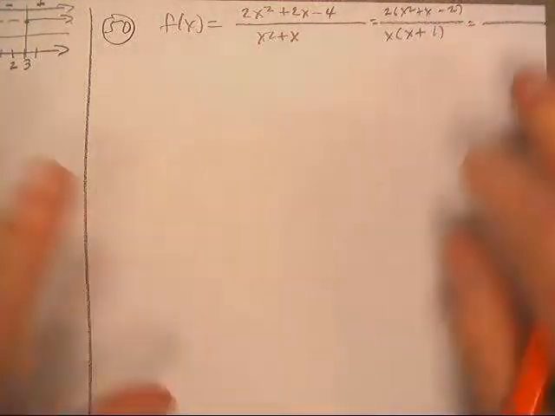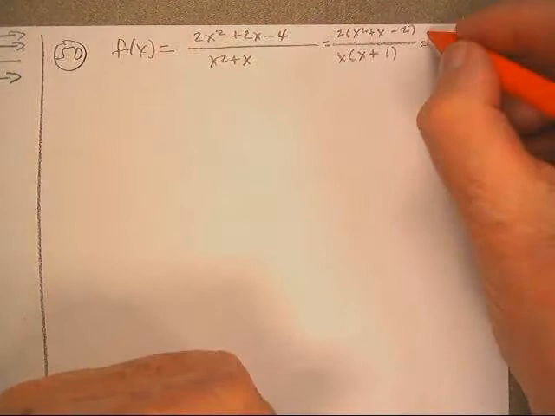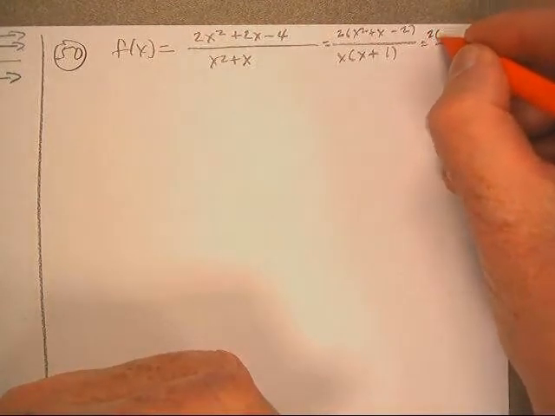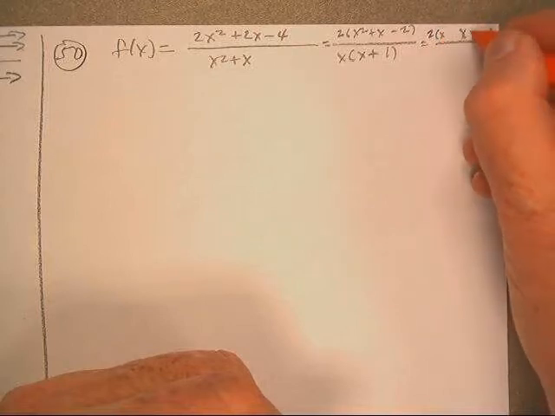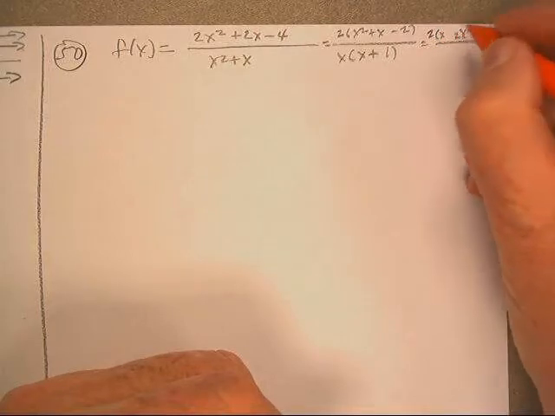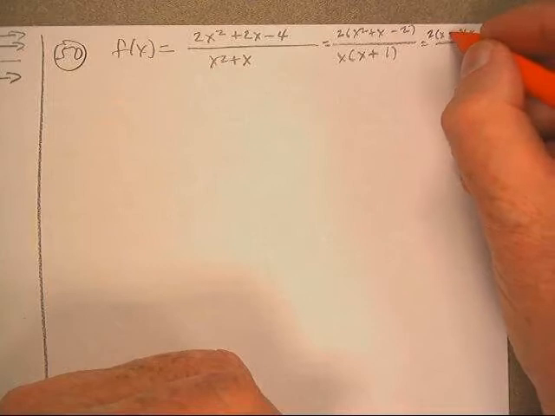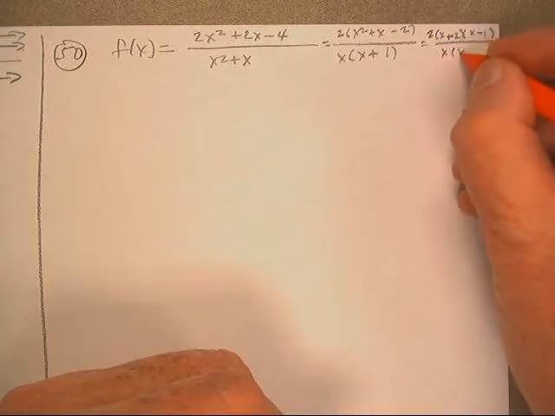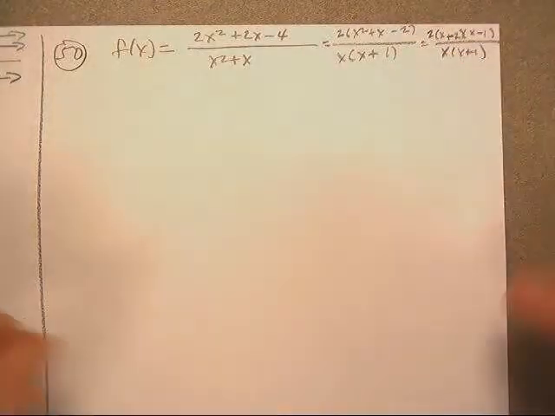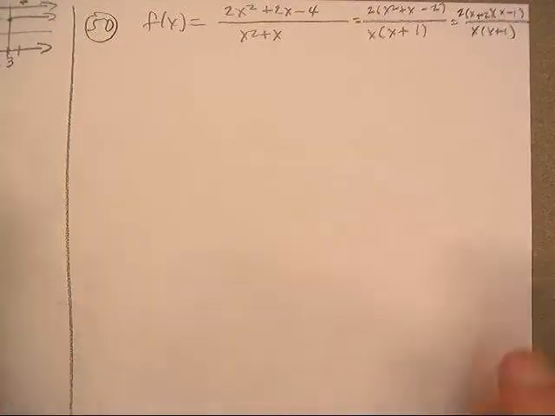But then in the top, let's see, I've got a 2, and then I've got x and x, 2 and 1, plus and minus, and I've got x and x plus 1. Okay, so if it's not factored, you're going to need to factor it.